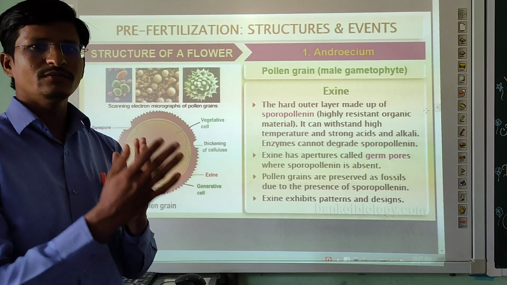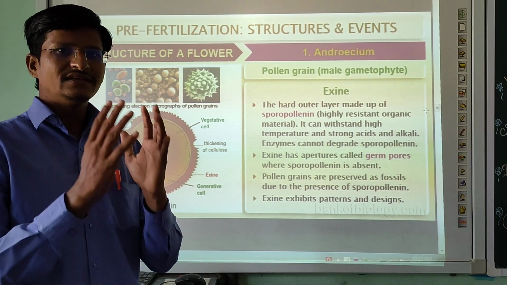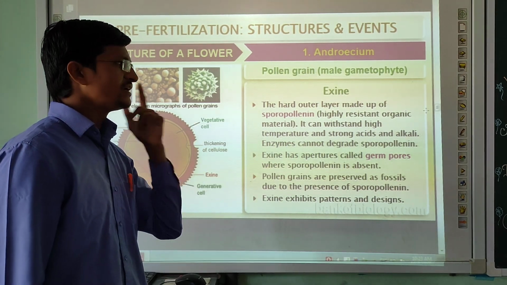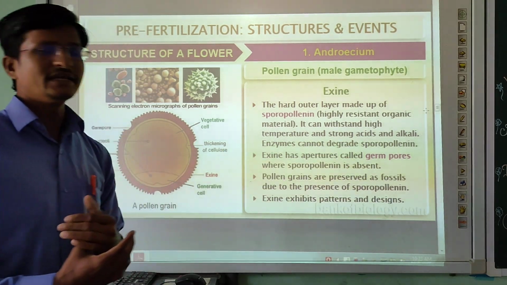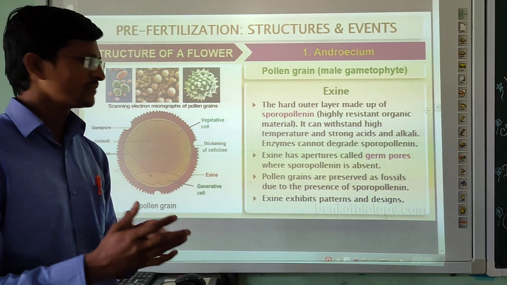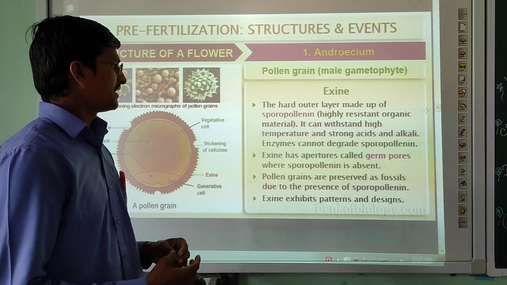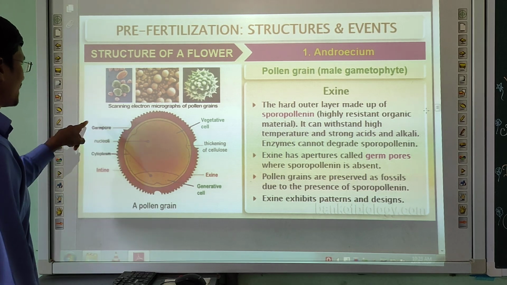So at any temperature, this will provide full support to the pollen grains, and any enzymes are unable to degrade sporopollenin. And the exine has apertures called germ pores. You can see where the pollen tube will come out.